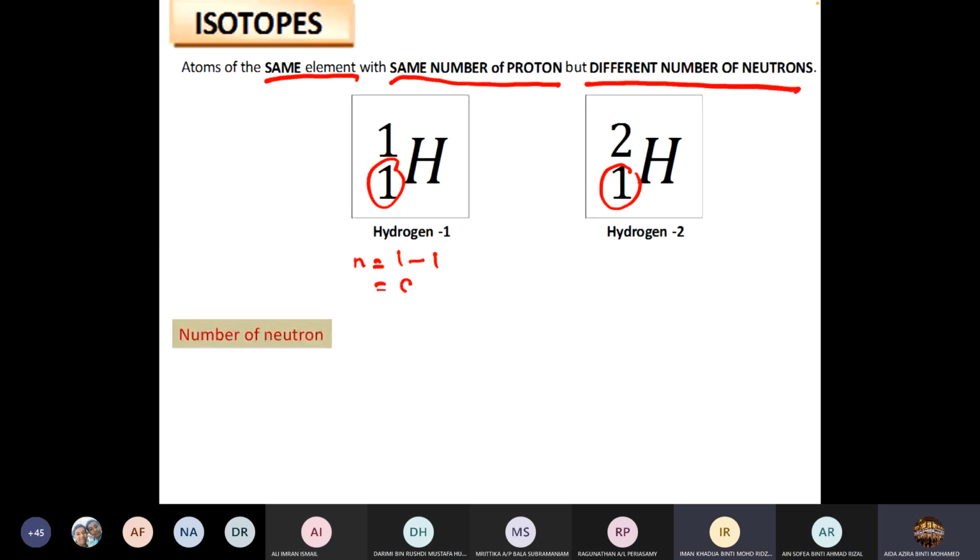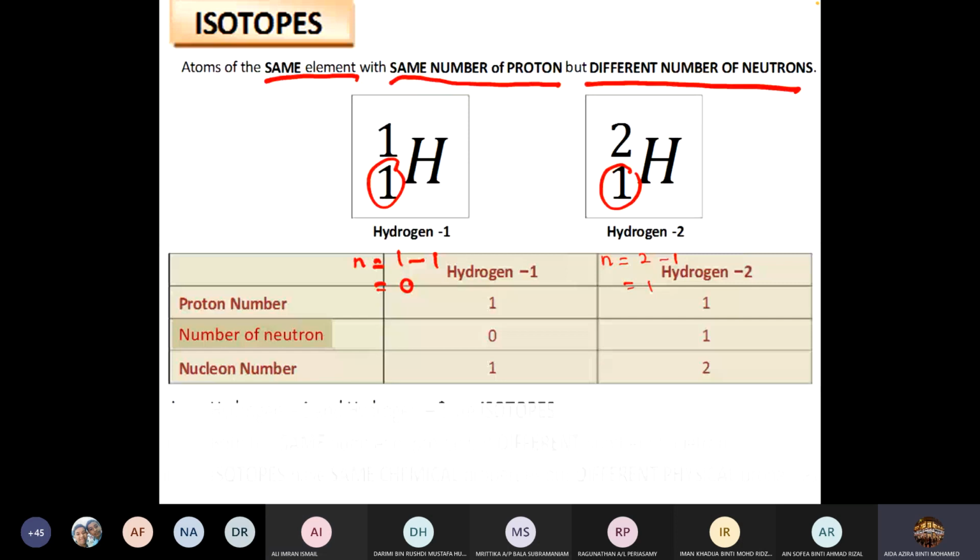Very good. Untuk hydrogen 2, the number of neutron is 1, because 2 minus 1. Perfect. So, is this an isotope? Yes. This is called isotopes.